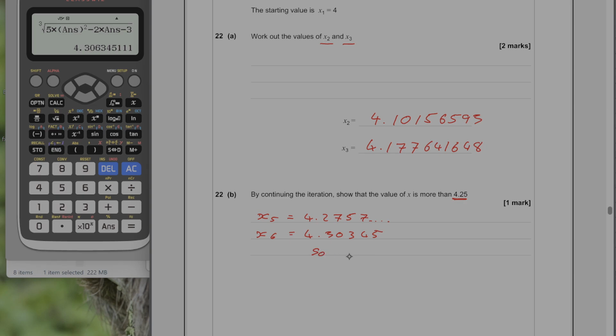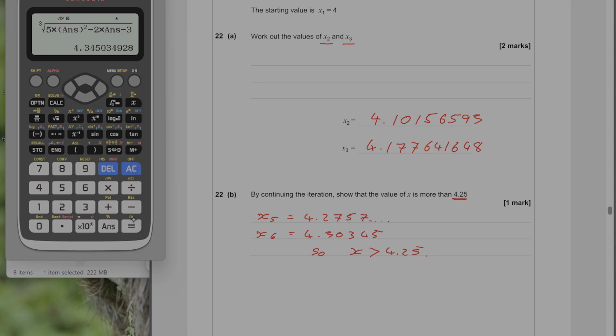So it must be greater than 4.25. We've shown two values that are both over 4.25, so it will just continue getting more and more accurate. There we go.